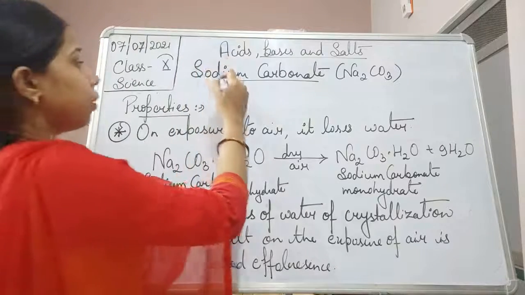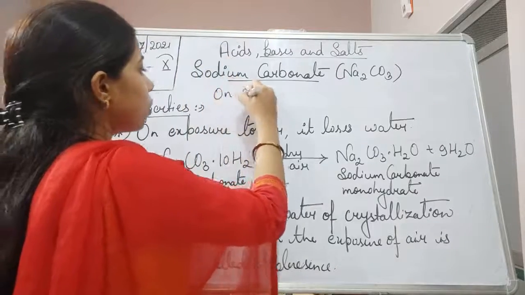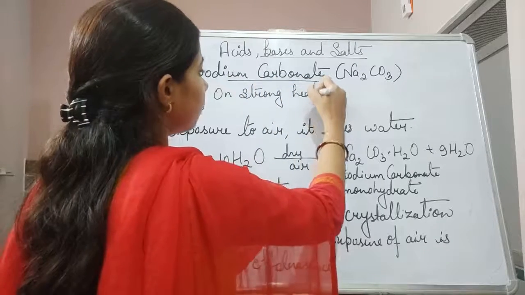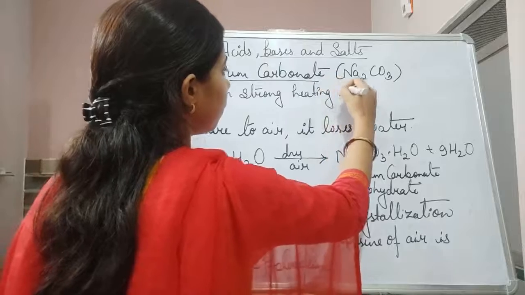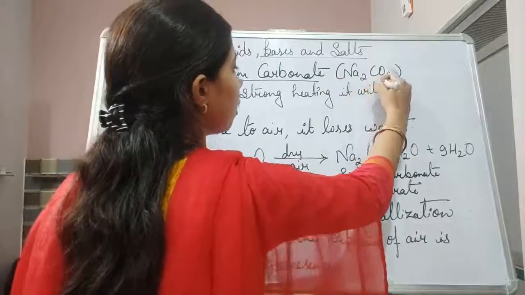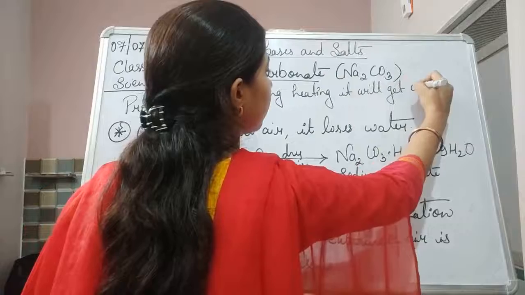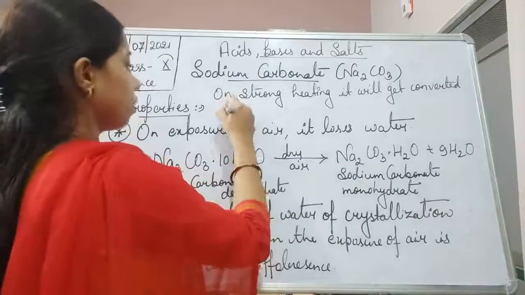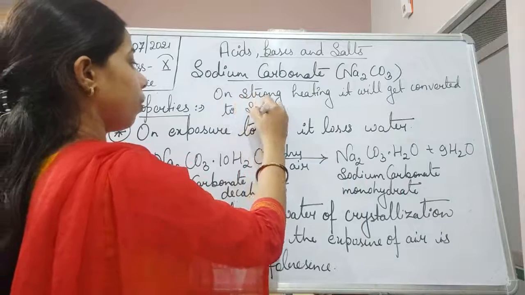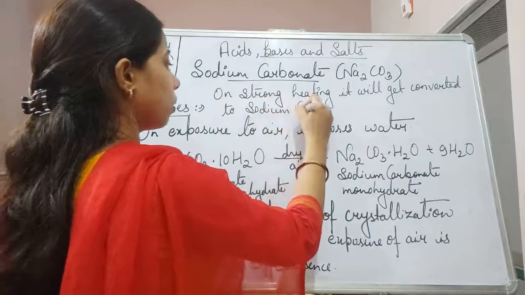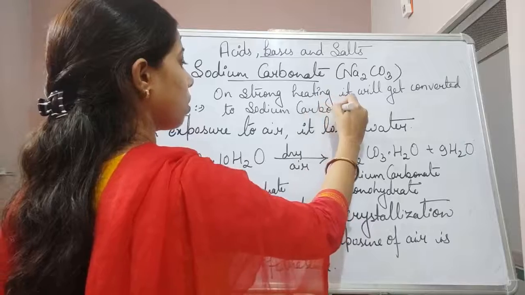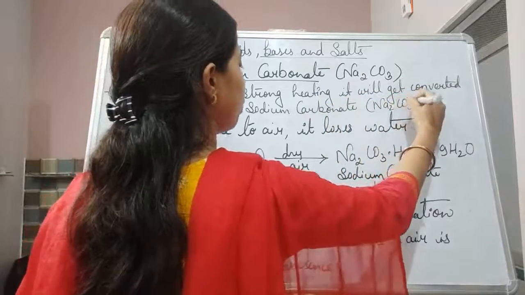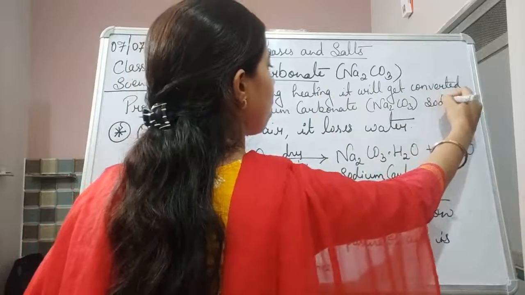So I am writing it here that on strong heating, it will get converted to sodium carbonate, that is Na2CO3, which is soda ash.